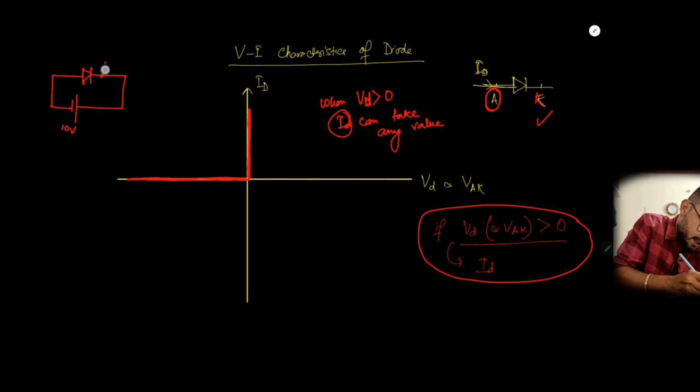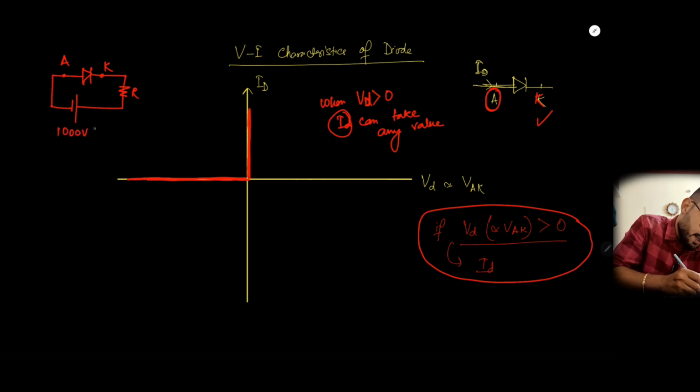Obviously, in this circuit, the cathode voltage is greater than the anode voltage, the diode would not allow the current to pass, and in this circuit, current will be 0. Suppose the voltage is now 100 volts, then also same condition. The diode won't allow current to flow.